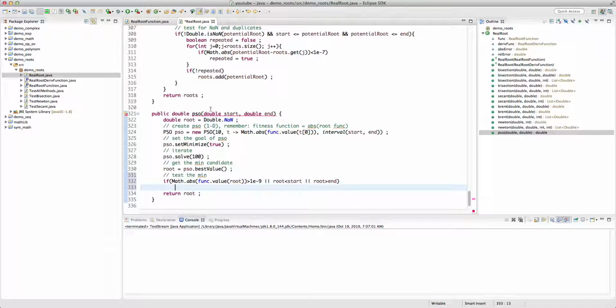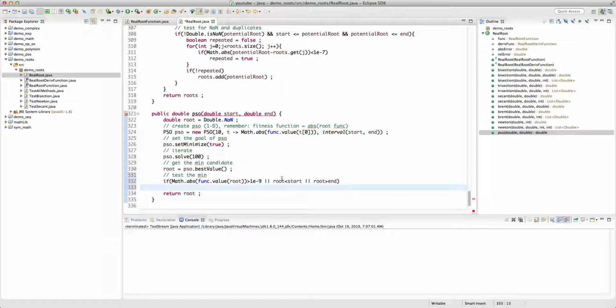because recall that the PSO that we implemented wasn't a bound optimization. We say that okay, the particles are initially in this interval, but there is no guarantee that they're always going to stay in this interval. Now there are ways to add these bounds as constraints to the PSO, but right now it's just an unbound optimization.